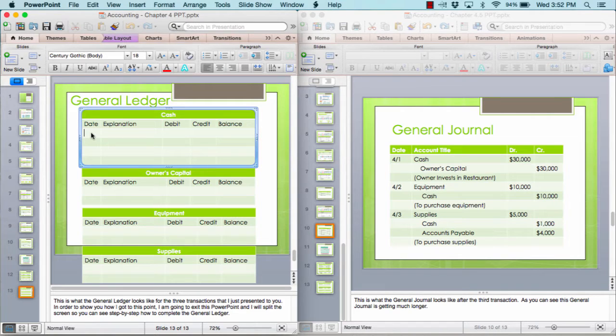So the way that you're going to transfer it in the ledger is you're going to set the date. The explanation in this case is going to be owner investment. And we know that it's a debit for $30,000, so we are going to keep it as is. Now the difference between the general journal and the ledger is that we now have another column called balance.